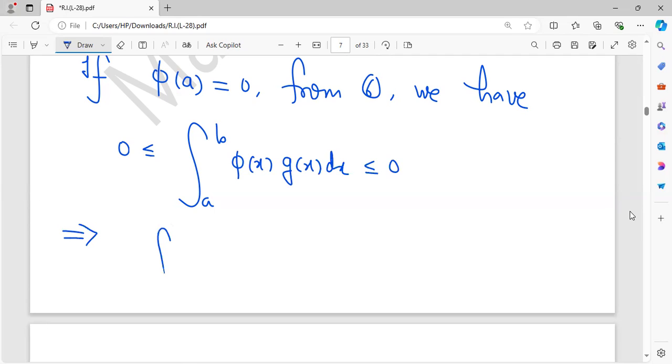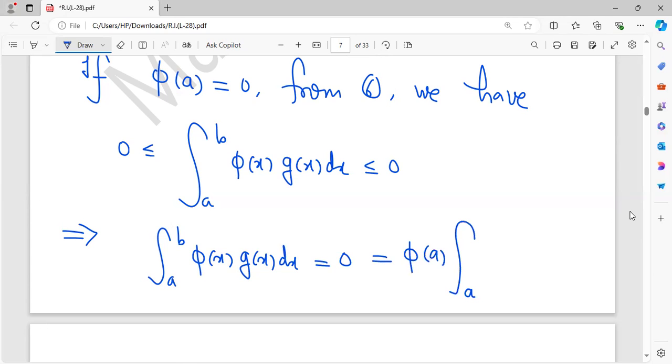This implies the integral from a to b of phi(x) g(x) dx is 0, which equals phi(a) times the integral from a to xi of g(x) dx, for any xi belonging to the closed interval [a,b].